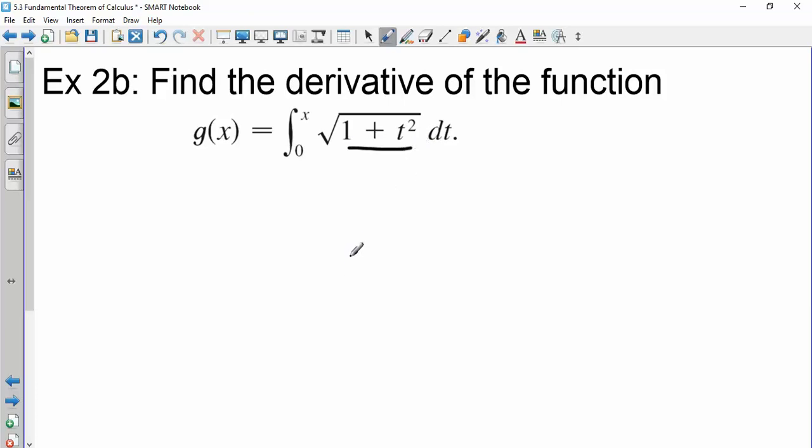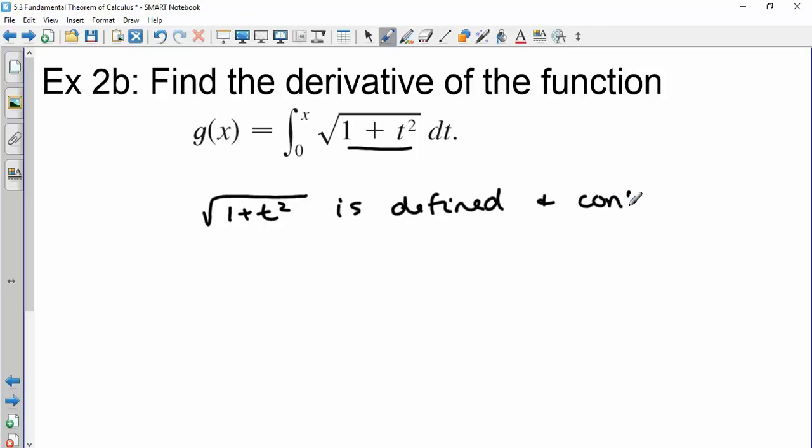Will 1 plus something squared always be positive? Yes. So I'm just going to make a quick note to show that I talked about that. That means we can do the fundamental theorem of calculus. So what would be the derivative of this?